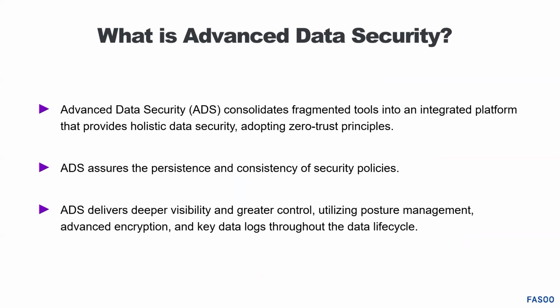Rather than doing that, advanced data security provides an integrated platform that really focuses, again, on the data, not on the location. So I could say, I am going to focus on controlling access to a Word document or a PDF or a CAD drawing.